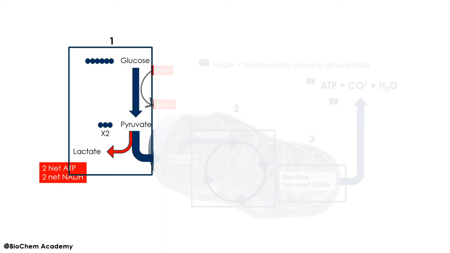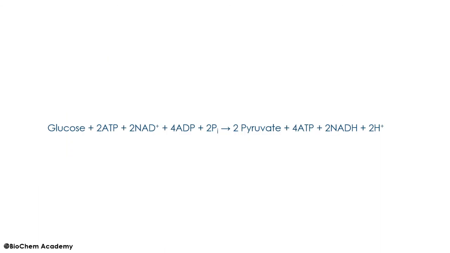First, our focus will be on glycolysis, and as you can see from this equation that glucose produces two pyruvate molecules. This process consumes two ATPs but produces four ATPs.